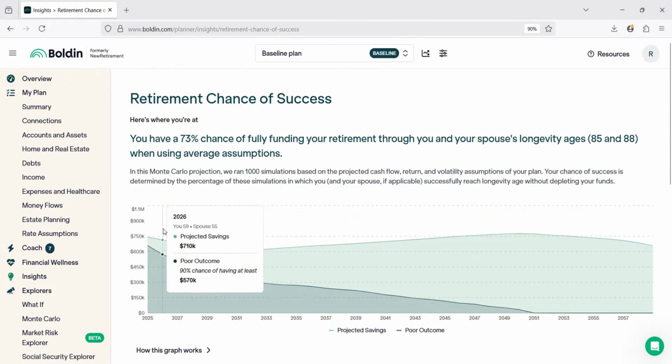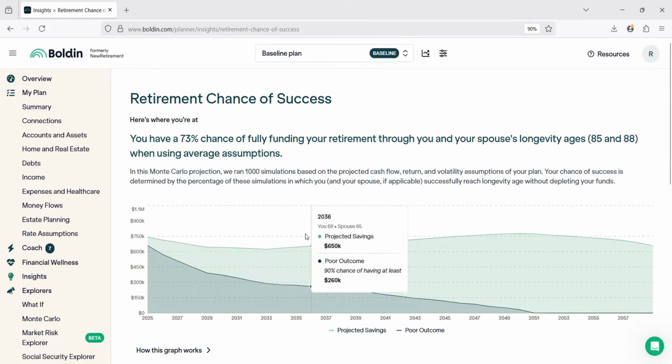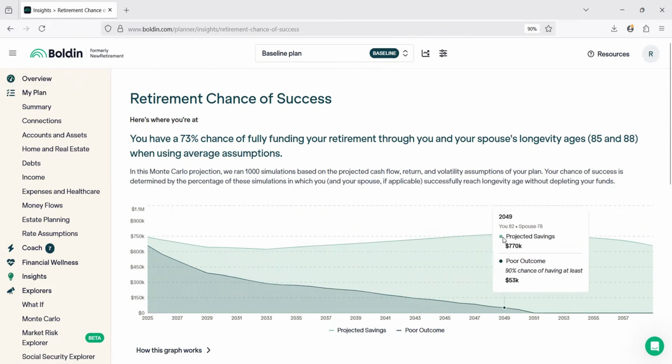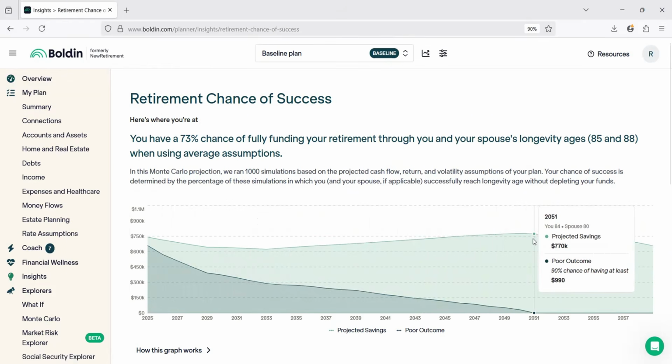This is the Monte Carlo. So you can see with the poor outcome, it looks like you run out in 2051. You're 84, spouse is 80. Why is that bad? Well, because we're about to go down to one Social Security check when someone passes based on our estimates here.